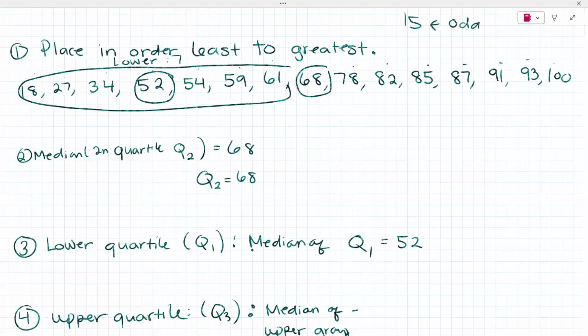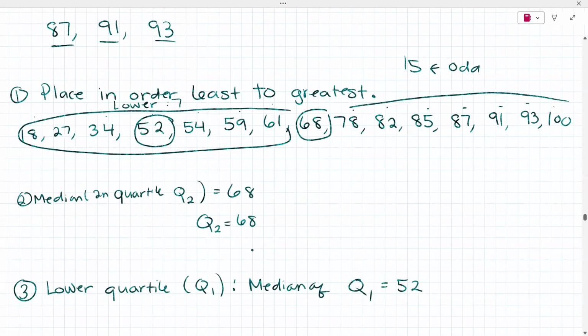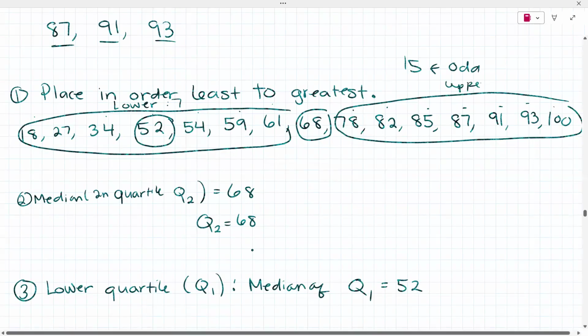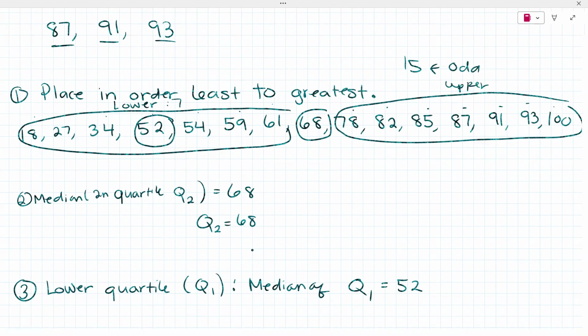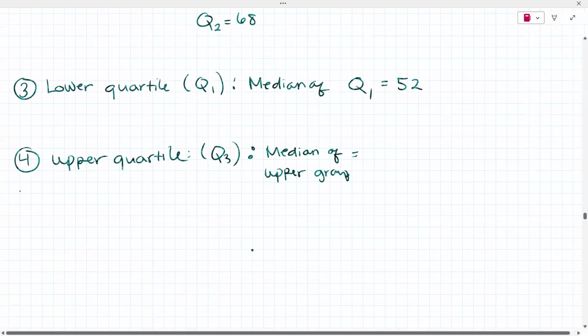So here, this is what I mean. This would be the upper quartile, and you pick the number right in the middle. There's a total of 7: 1, 2, 3, 4, 5, 6, 7. So the upper quartile will be 87. Your quartile 3 will be 87.